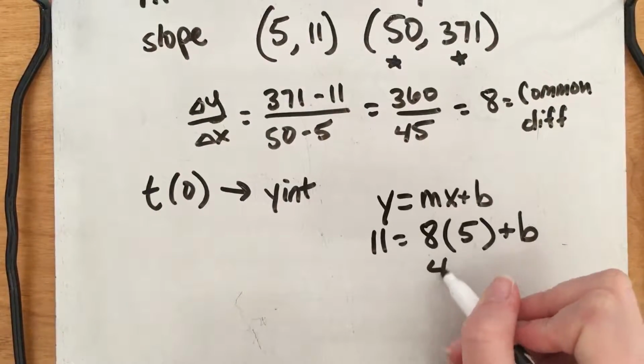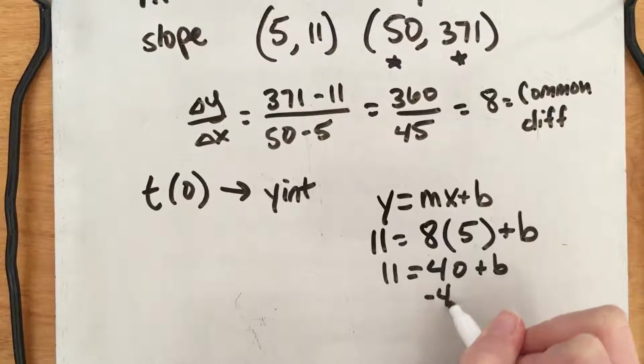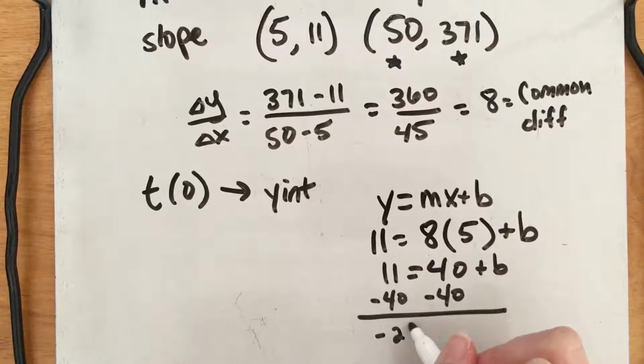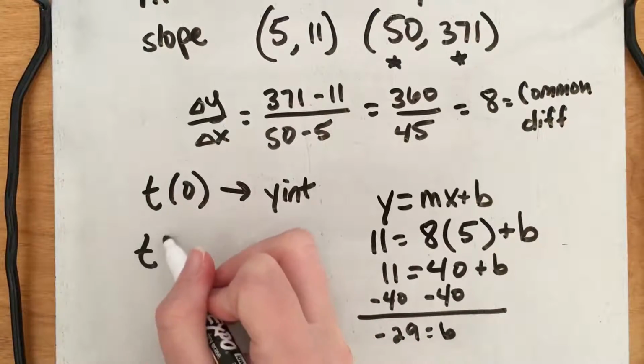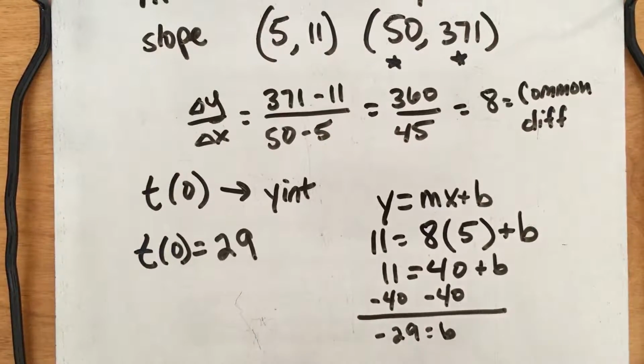So 8 times 5, that'll give me 40, and I'm going to subtract 40 from both sides. So it gives me negative 29 is b, and that's also called t of 0. That means the 0 term in the list, or the term before the first one, would be worth negative 29, because it's getting bigger every time.